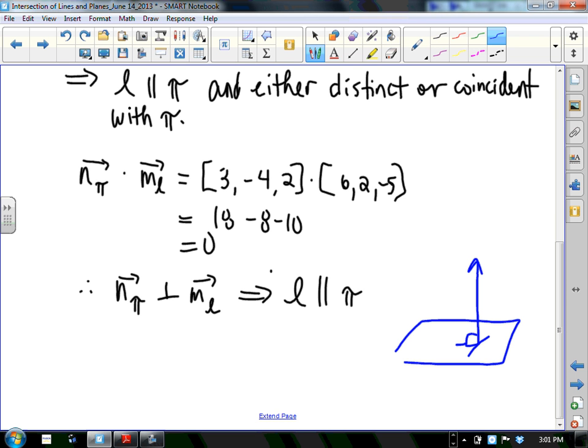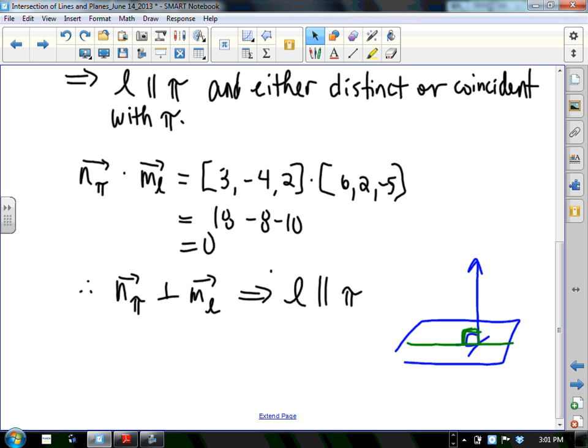If you then consider its relationship to a line, so let's say for instance that the line is here, just for the sake of argument, I'm not saying that it's on the plane. It could very well be above it and distinct, but notice the right angle that's formed here. So if we prove that the dot product is 0, then we can appreciate how the green line is parallel to the plane I've drawn in blue. So the line is parallel to the plane.